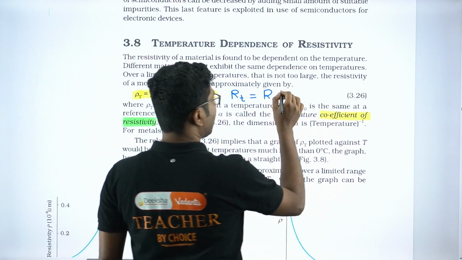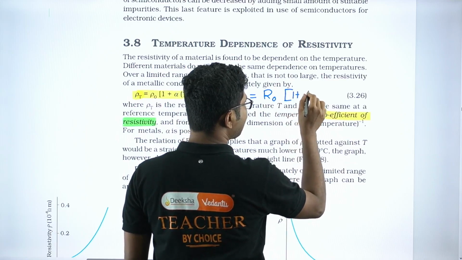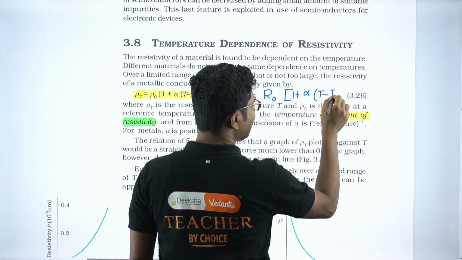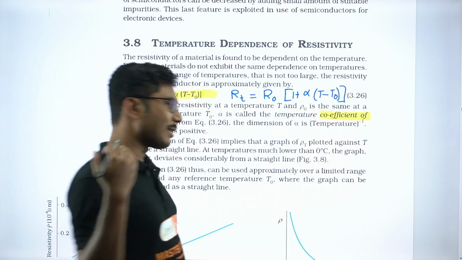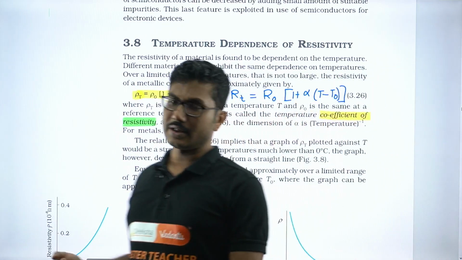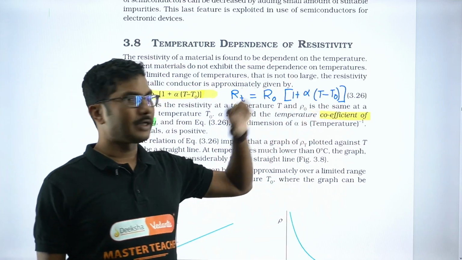RT equals R0 times 1 plus alpha times final temperature minus initial temperature. T0 is the initial temperature. It can be room temperature, it can be 0 degree Celsius. If the examiner wants a simple question, they might give you 0 degree Celsius, so that T0 becomes 0.